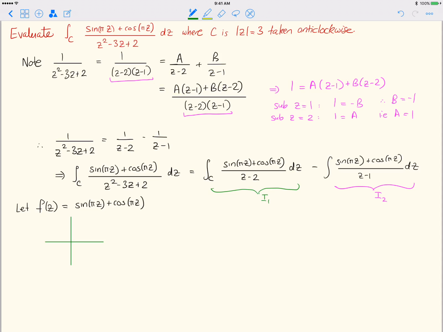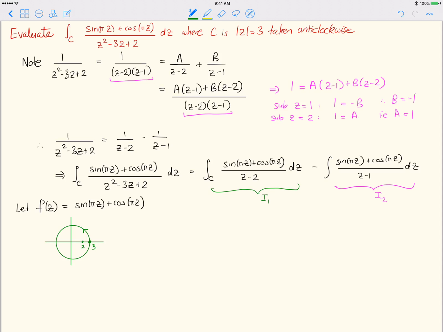I'm integrating around the circle |z| equals 3. And as you can see, I have a denominator z minus 2. So to me, that's an indication to take z equals 2 to be my interior point.